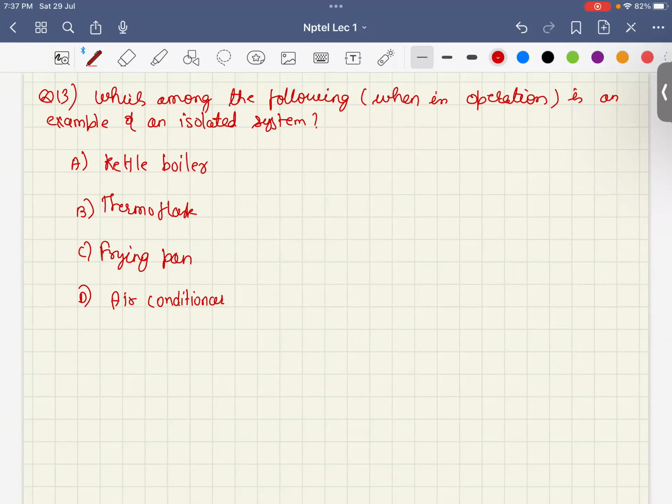I'll give you a couple of minutes to think. So the correct answer is option C, thermoflask.